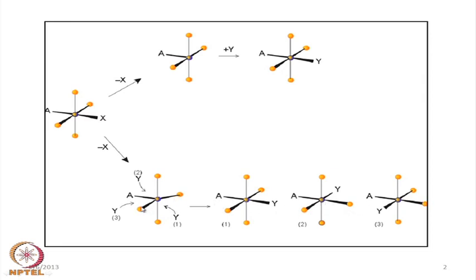If the attack of Y is equally probable from these three sites, that means site 1, site 2 and site 3, we will get the two isomers, the trans and cis isomers, in a 1:2 ratio, that means one part trans isomer and two parts cis isomer. Like in other organic chemistry reactions, one of the isomers will form in excess compared to the other if all three pathways, that means all three attacking sites, are not equally probable.